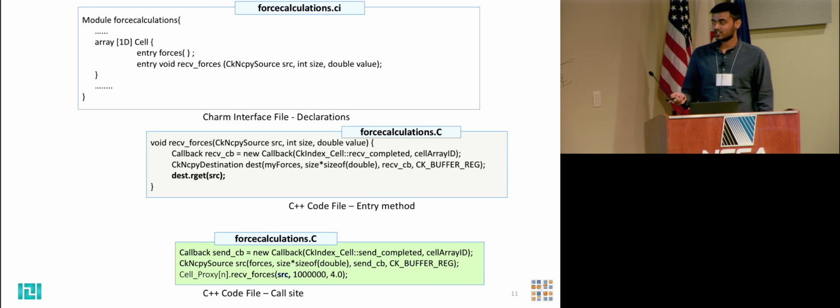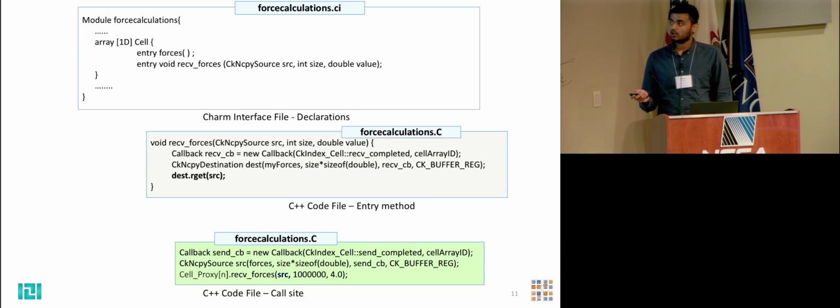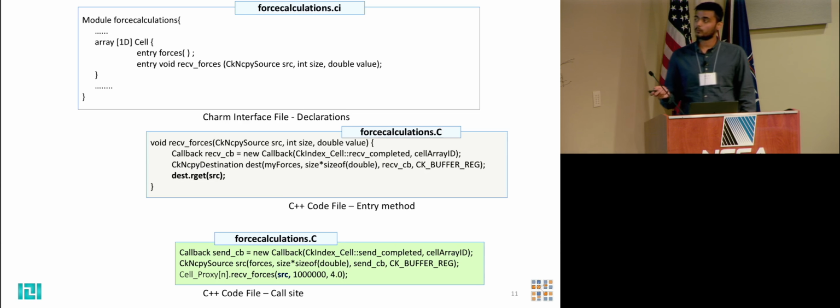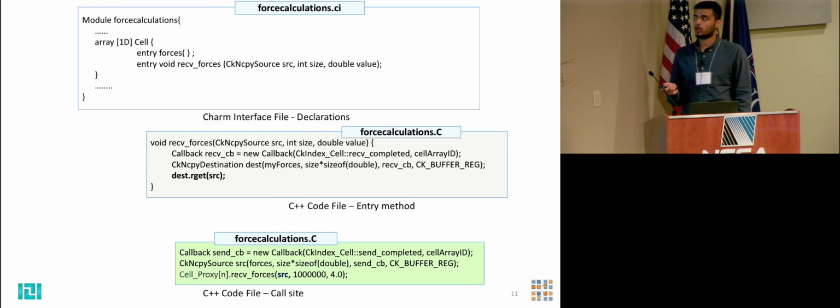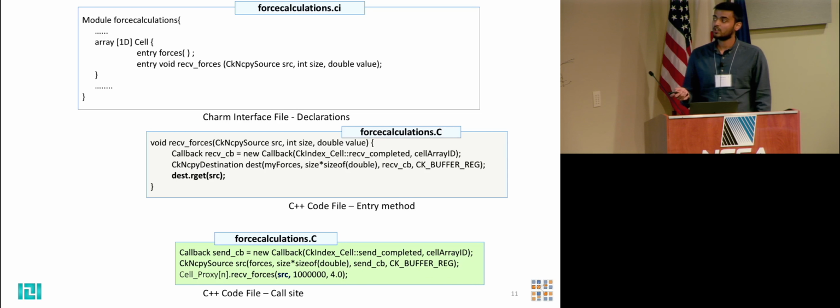And this particular no_copy source is passed to the entry method, and on receiving the no_copy source object in the remote process, a destination object is created. Basically, it's like a pair that you want to make between a ck_no_copy destination and a ck_no_copy source, and this is the user buffer where the user intends to receive the data.